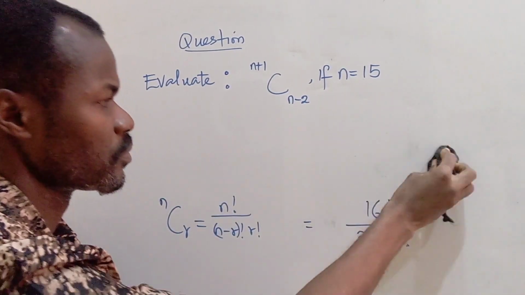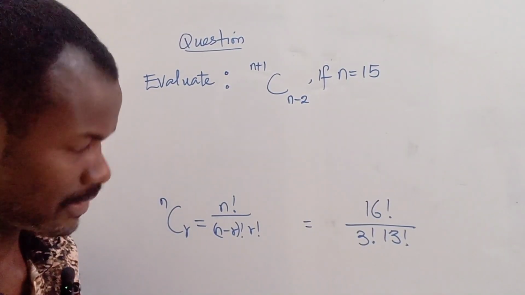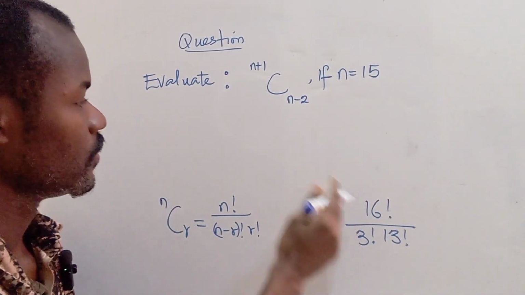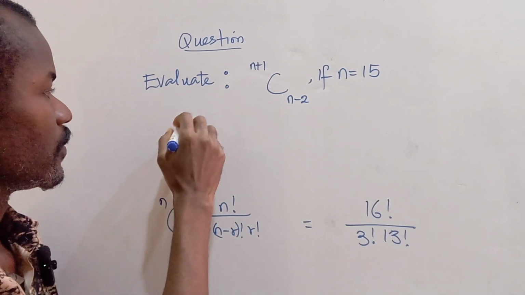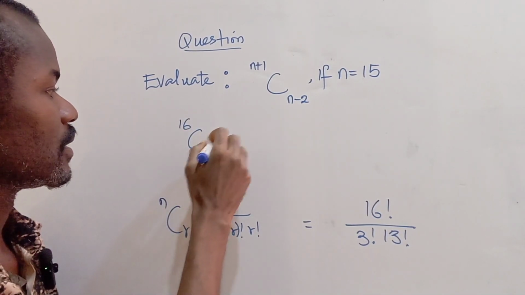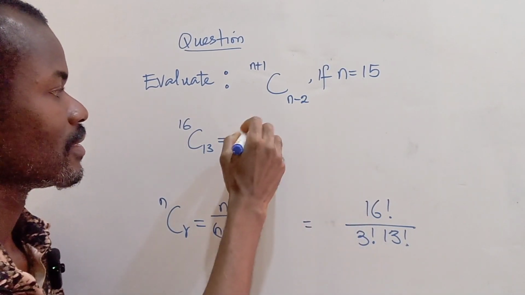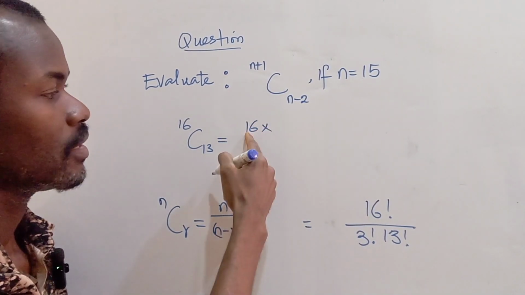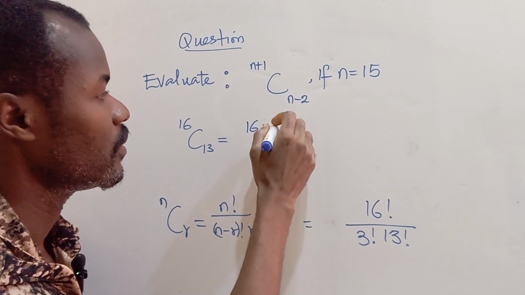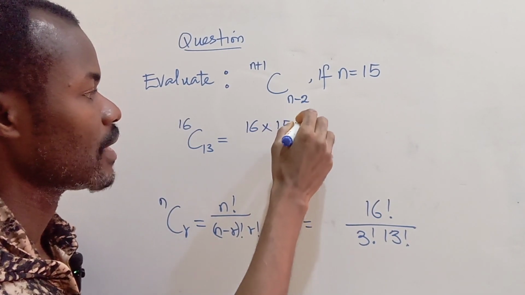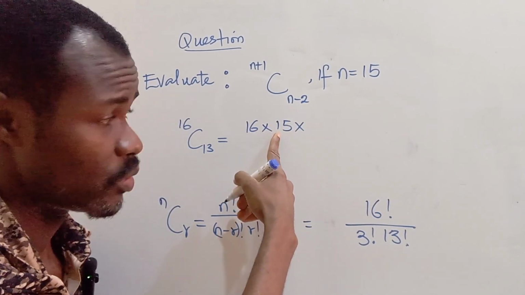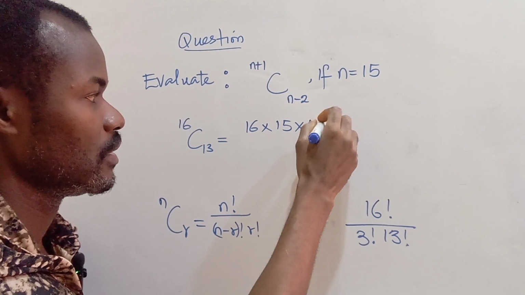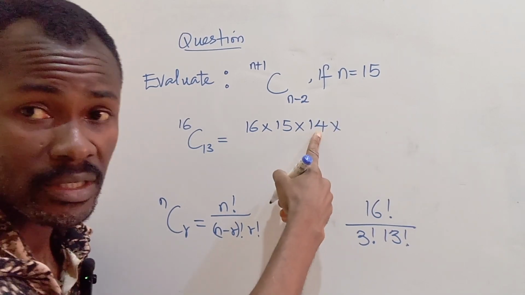So let's simplify this to see what we are going to get. We have 16 factorial, of course, for 16 combination 13. So I can say 16 times 15 (16 minus 1) times 14 (15 minus 1) times 13 (14 minus 1).